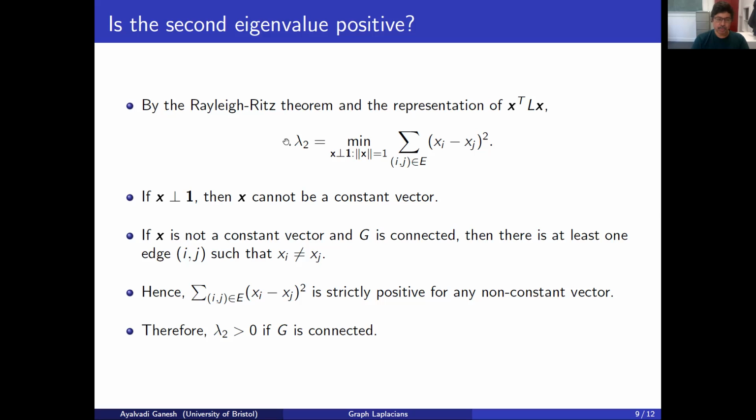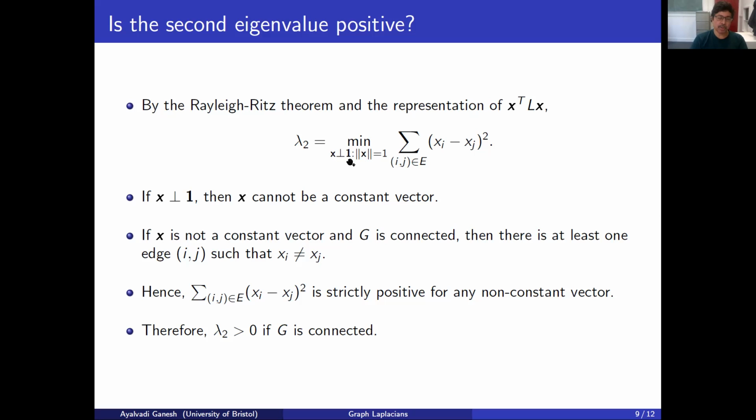Okay, for those of you who maybe feel I have glossed over taking the minimum step, I should explain that there's some vector x at which this minimum is attained. So look at that particular vector x where the minimum is attained.